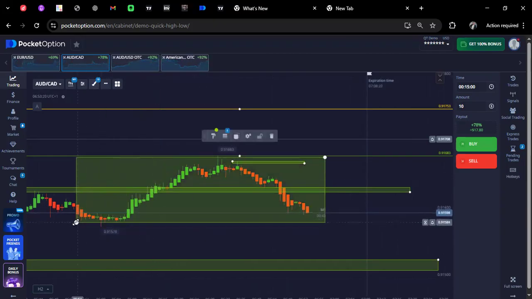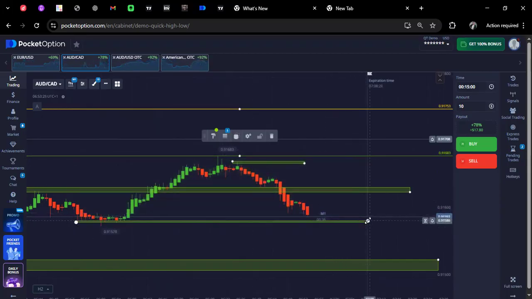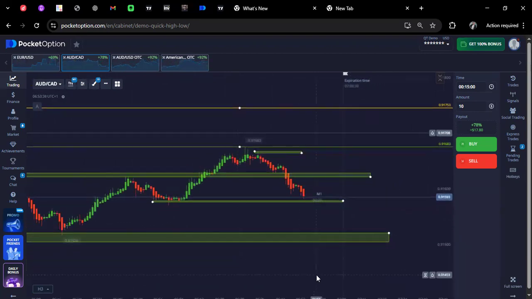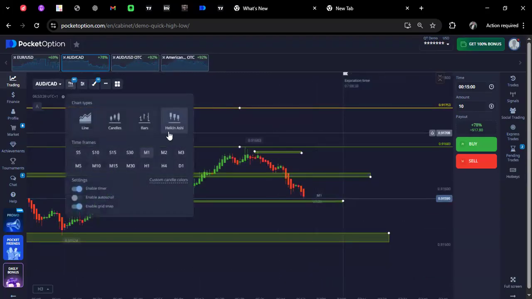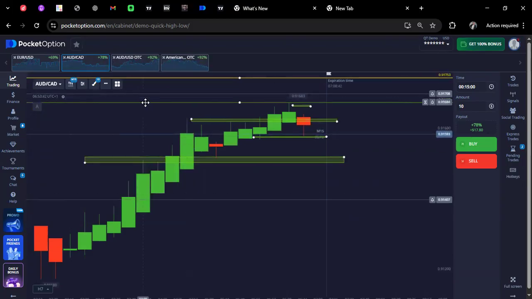This is an area, so the market might come to respect this low before moving up, or it might even break this low. So perhaps this would have been a very strong reversal from the 15 minute time frame. Let me increase the thickness of this.